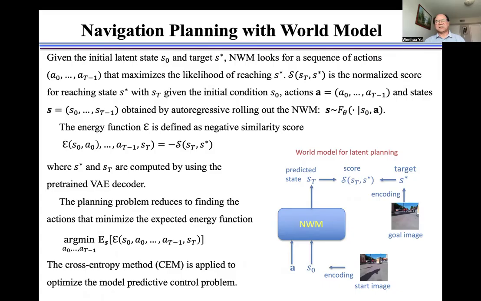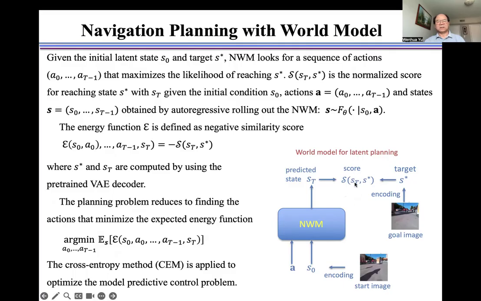S is a normalized score for reaching state s star with sT given initial condition s0, action a, and state s obtained by autoregressive rolling out the navigation world model. The energy function E is defined as a negative similarity score as shown here and explained in this figure.